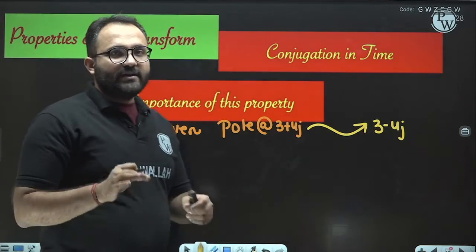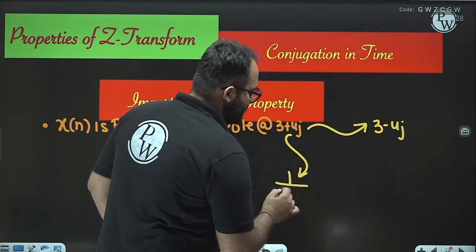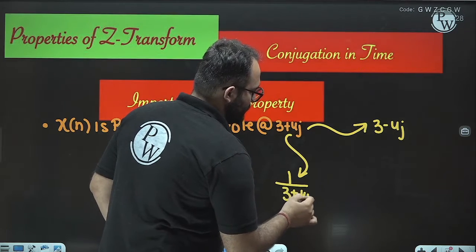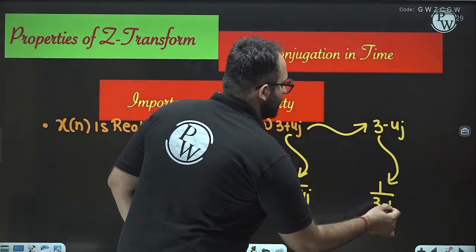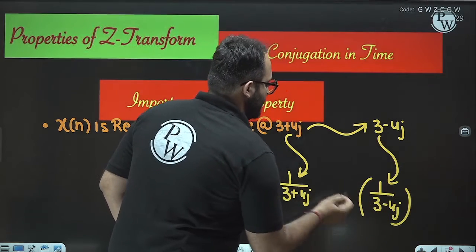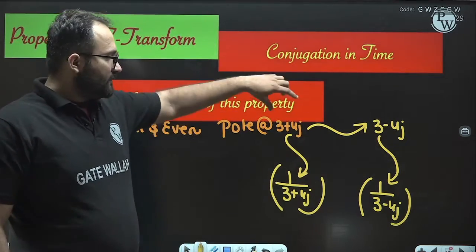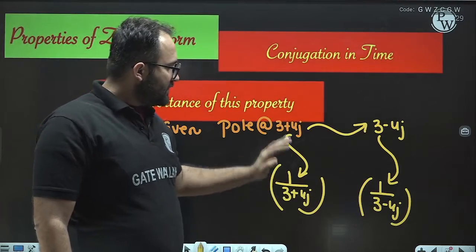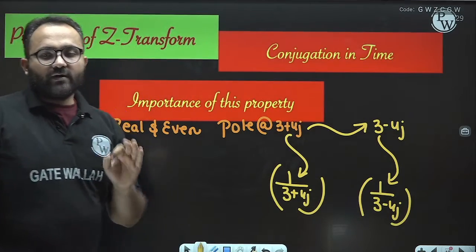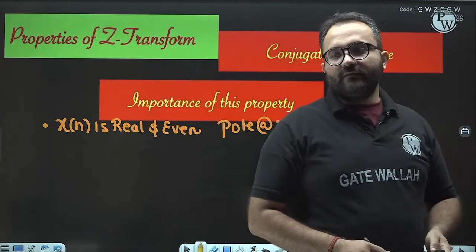Now using the even property, the pole at P will create a pole at 1 upon P also. So from one pole we can get 4 poles. This is due to real, and this is due to even, and this is due to even. So I hope all of you are able to get this property very clearly.